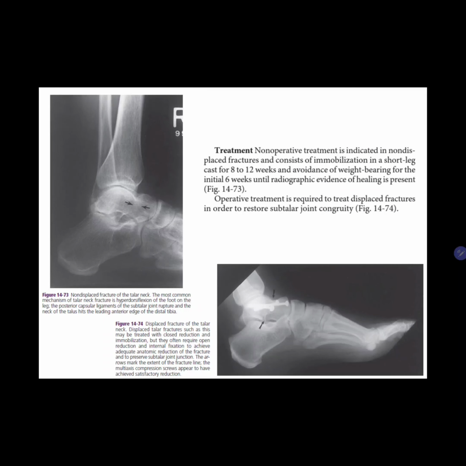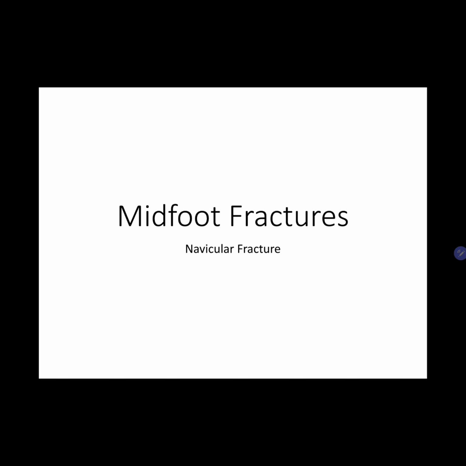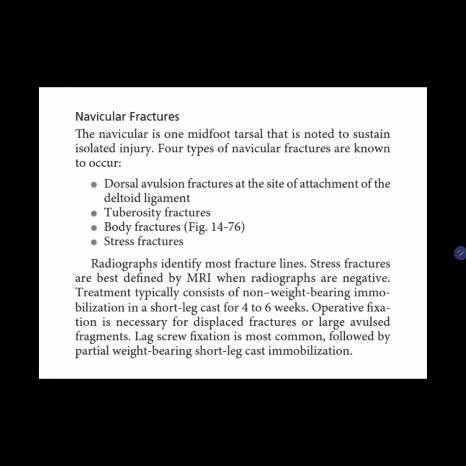Navicular fractures. So these are actually midfoot fractures. The relative immobility of the midfoot minimizes its susceptibility to isolated fractures, and fractures occurring in this region are often associated with other fractures or dislocation patterns.